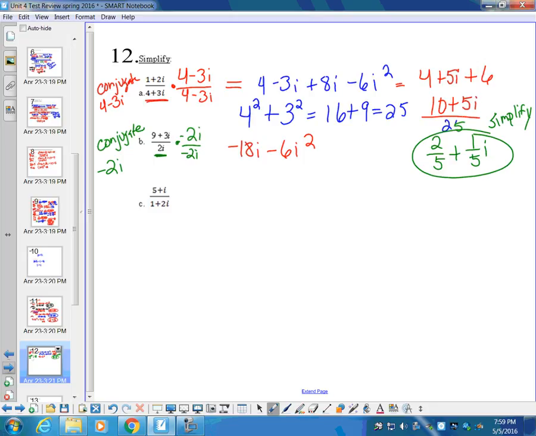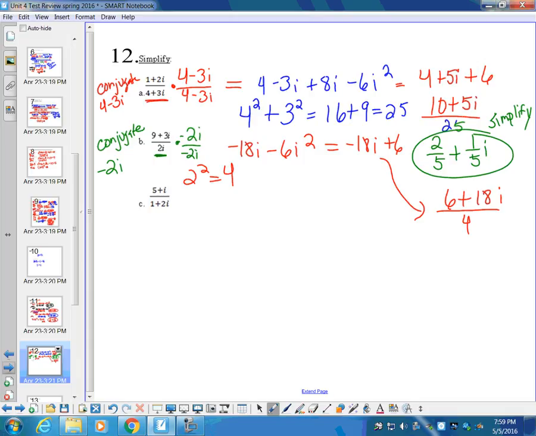That'll give us negative 18i plus 6. So my top is going to be 6 plus 18i. The bottom is just that number squared, so 2 squared equals 4. So you're dividing by 4. Because you don't have but one number, so you just square that one number for your shortcut.